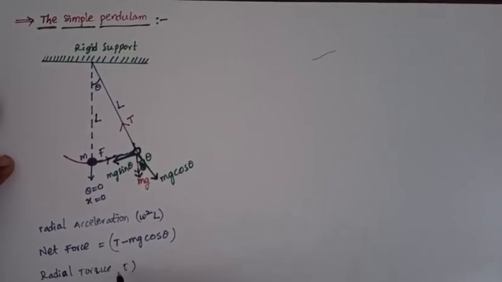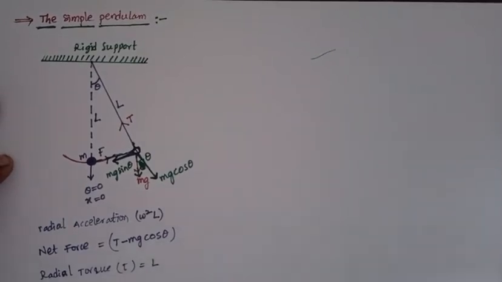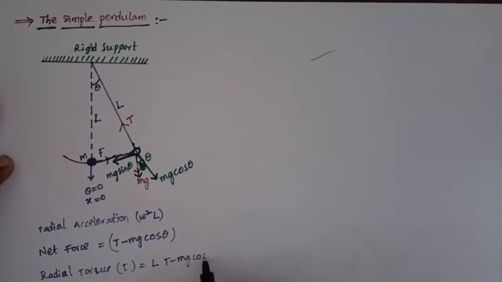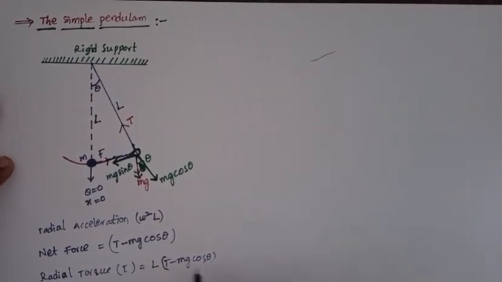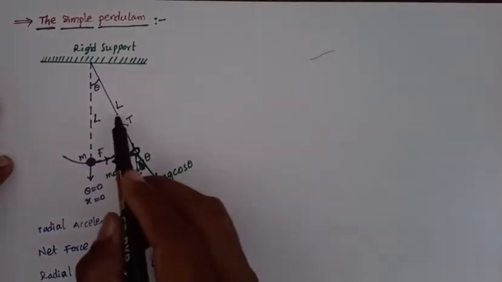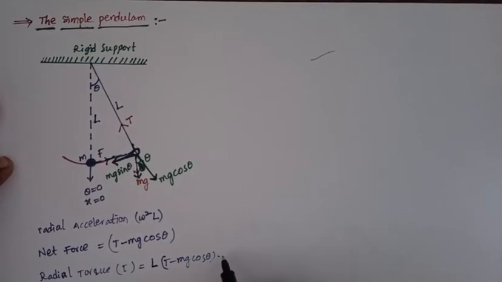Then the radial torque, tau, equals R cross F, where F equals T minus mg cos theta, and R is nothing but the radius. The radius of the simple pendulum is L. So tau equals L times (T minus mg cos theta) times sin theta, that is, RF sin theta.